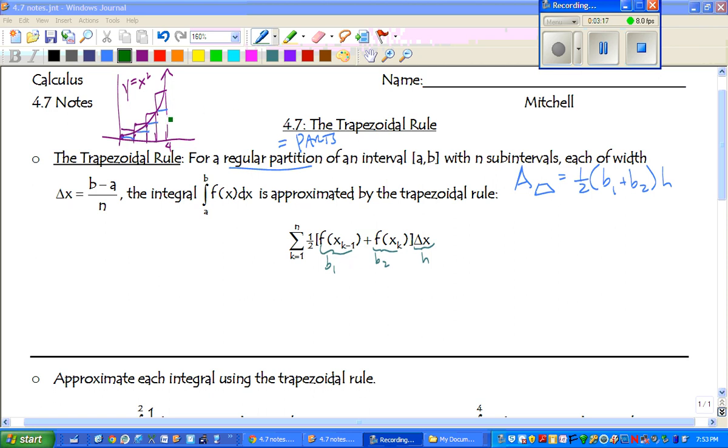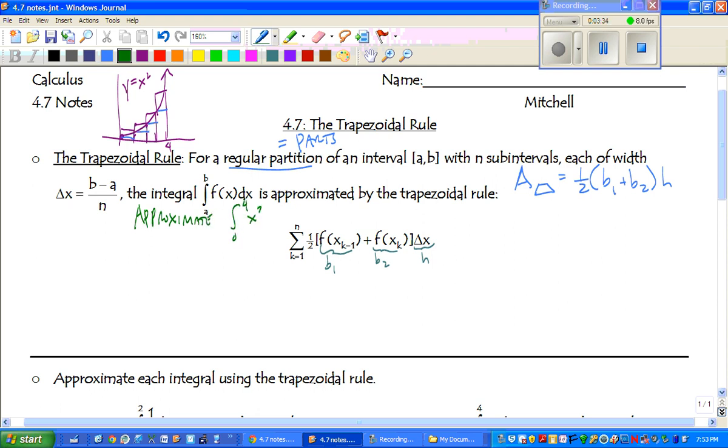We can go back to that one that we talked about before. We're going to approximate the definite integral from 0 to 4 of x squared dx.